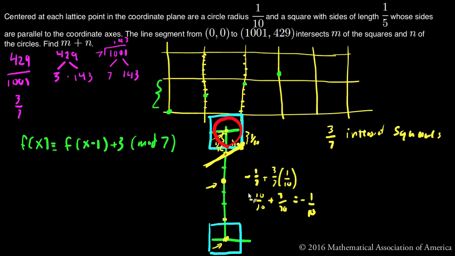And only 1 out of every 7, not here, not here, not here, not here, not here, not here, but this one, intersects circles.